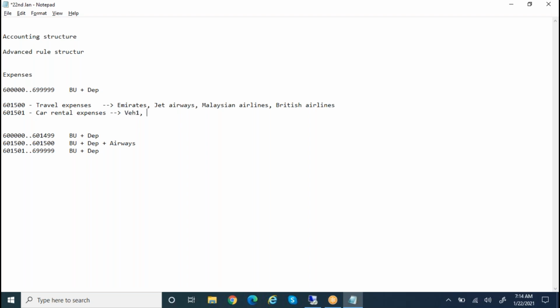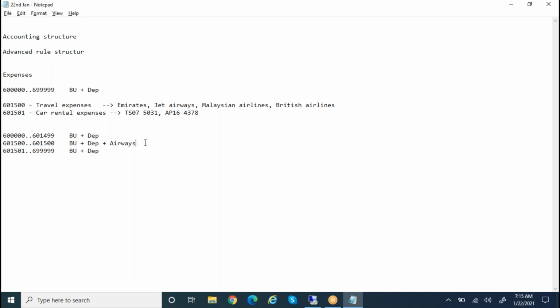Vehicle 1 has some number like TS 01501; otherwise I will create TS 085031, something like AP 16 4378. I have 4 vehicles, so I want car rental expenses separately.